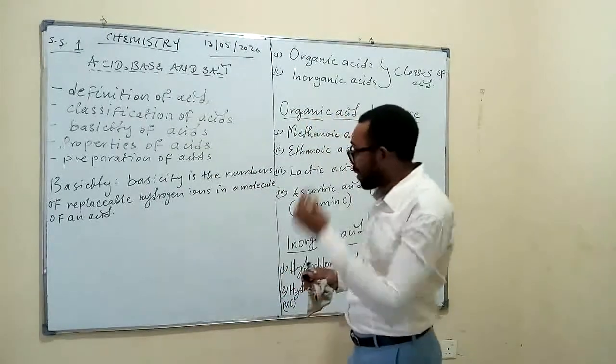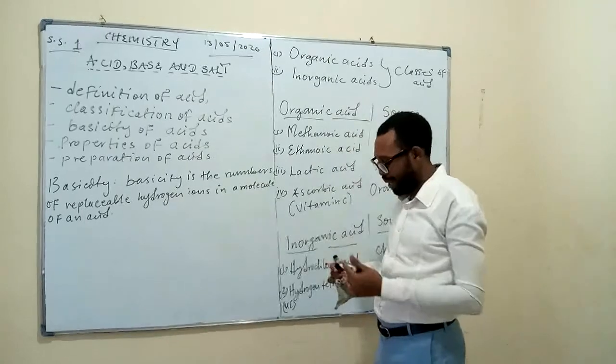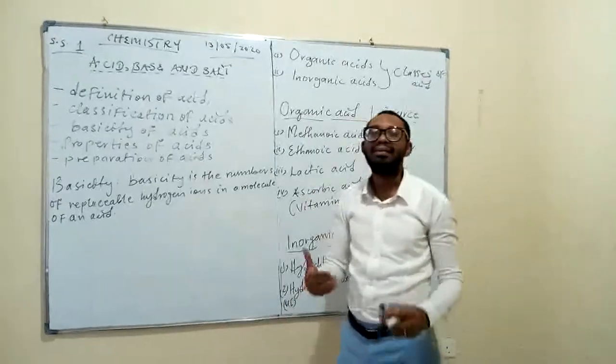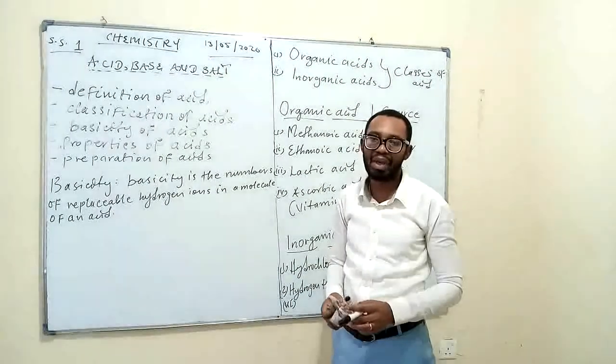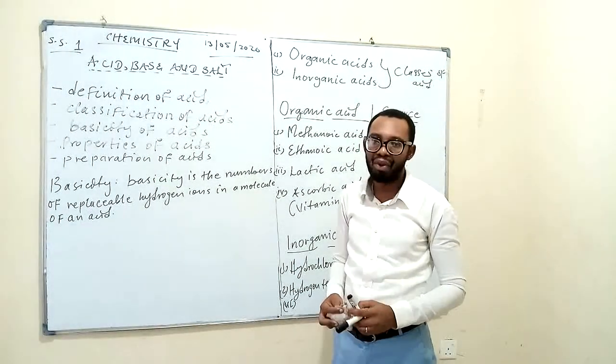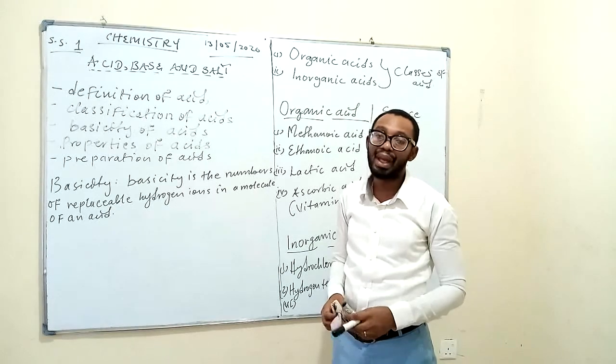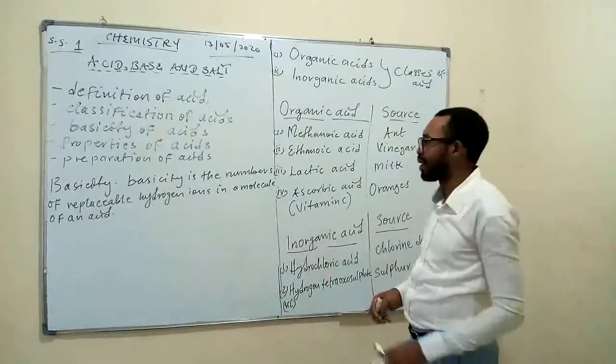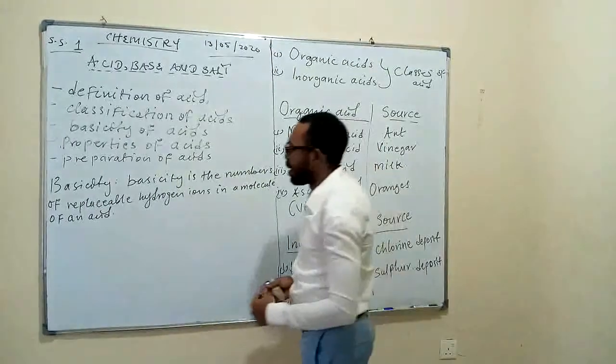So, the number of replaceable hydrogen ions in one molecule of an acid defines the basicity of that acid. The number of replaceable hydrogen ions in one molecule of the acid defines the basicity of the acid.